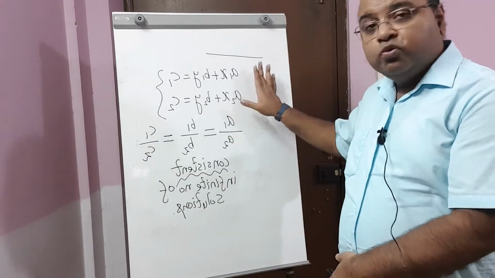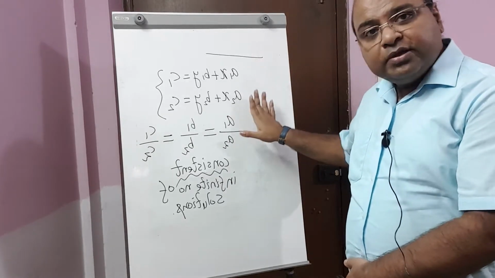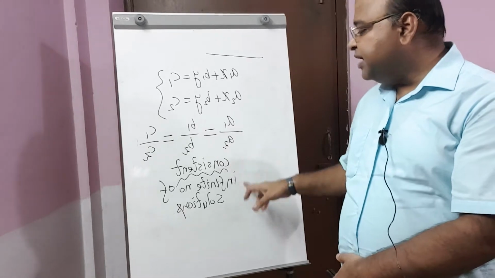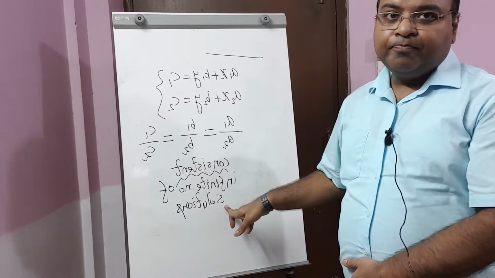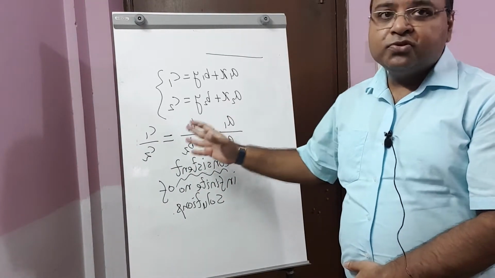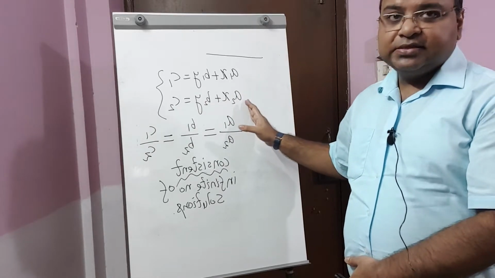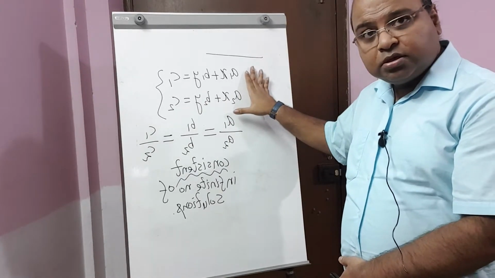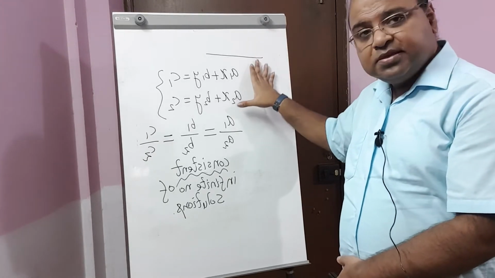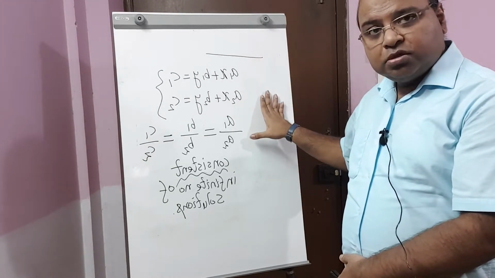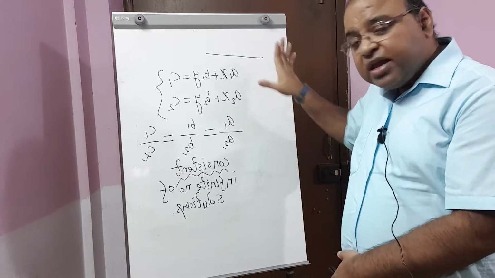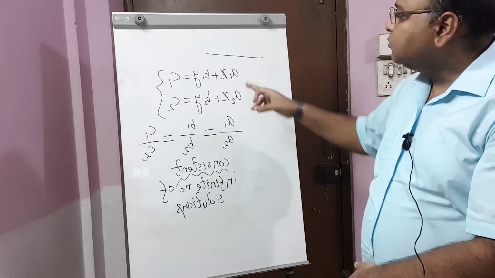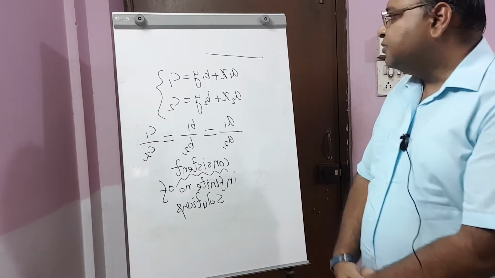Either it will have no solution or exactly one solution, and if more than one solution exists, they should be infinite in number. There cannot be two or three or four solutions for any linear system. So every linear system must possess either no solution, then we call that inconsistent, or a unique solution with consistency, or an infinite number of solutions. So that is how we determine the consistency of a system.